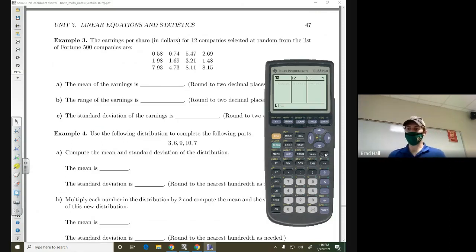And from there, let's go ahead and type in these values. Don't forget about the decimal. 0.58 and 0.74. And let's do all this for now.